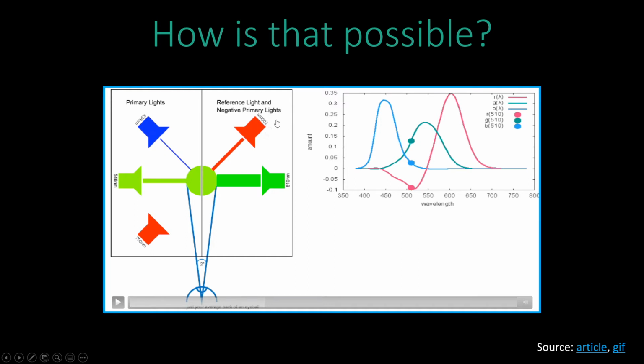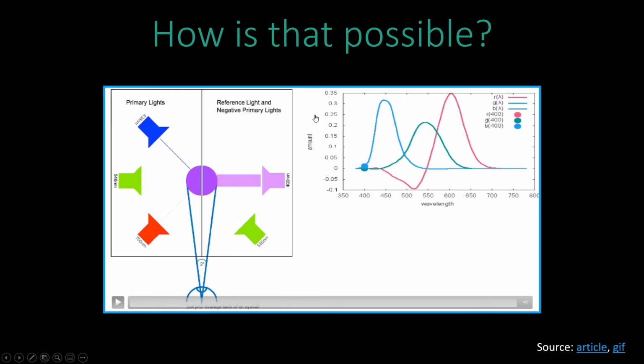So basically, you're subtracting some red from the reference light or from the color that you are mixing here. This explains why we are sometimes in the negative here. Okay, so some colors are really okay because we are just mixing these three, but you can see that you had to subtract some blue here as well, and then definitely subtract a lot of red here.